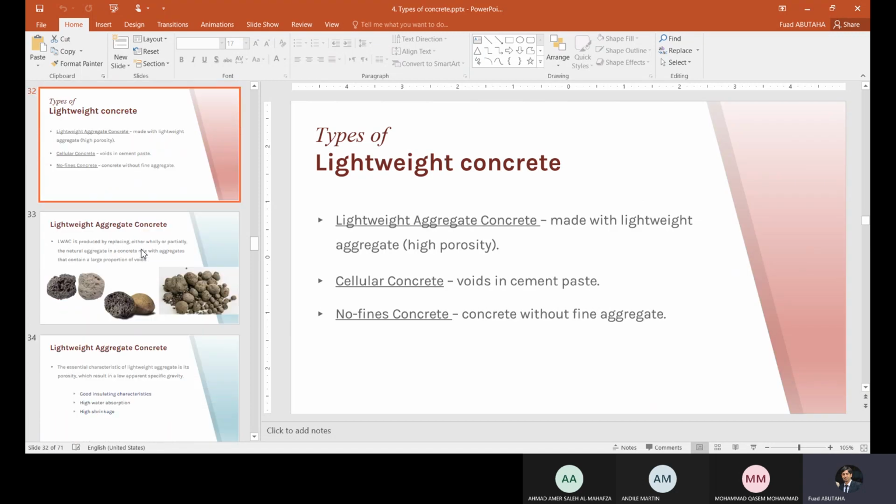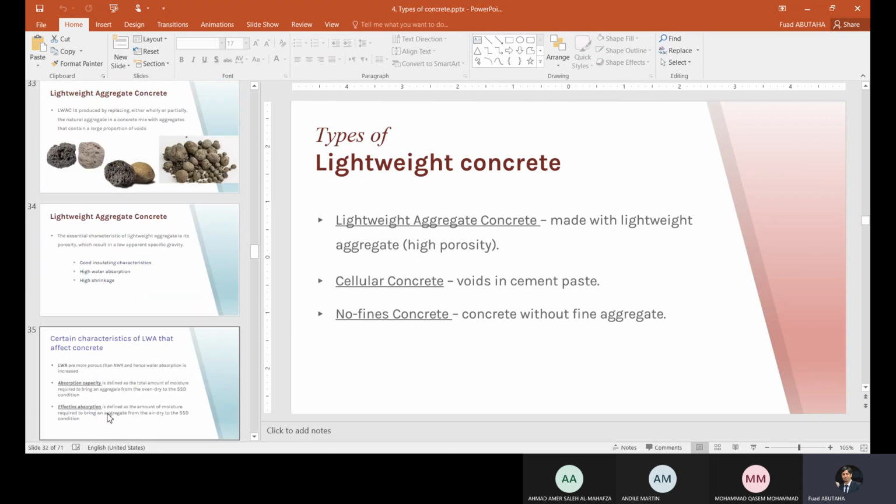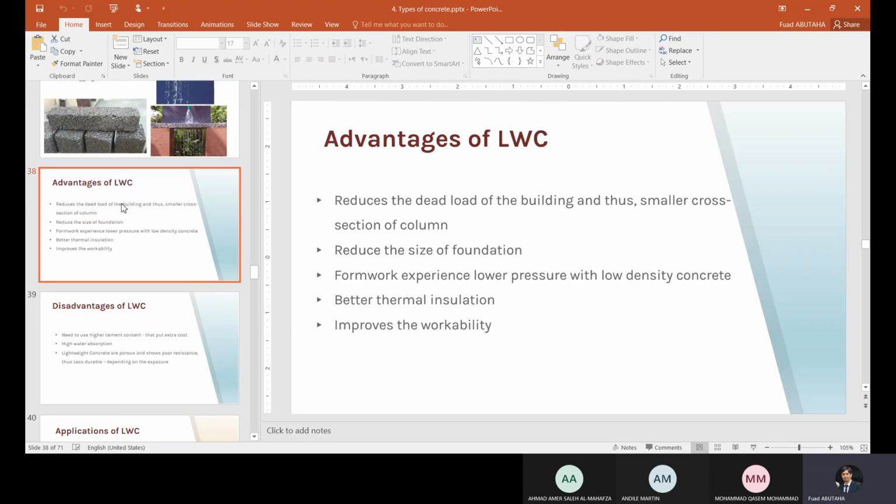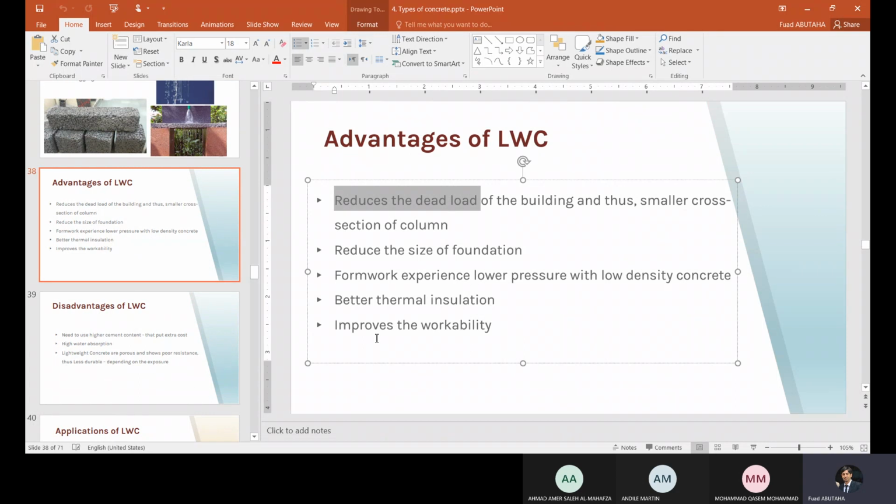And what are the advantages of using lightweight concrete? Why do we need to use it? The advantage is that it reduces the dead load because the weight is lower than normal weight concrete. It reduces the size of the foundation as a result of the reduction in the dead load. The formwork is easier.